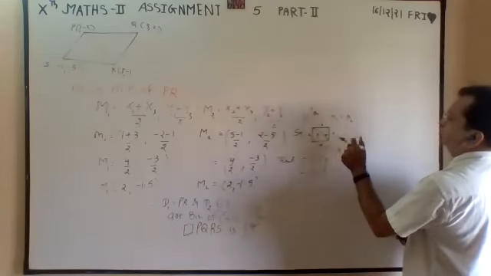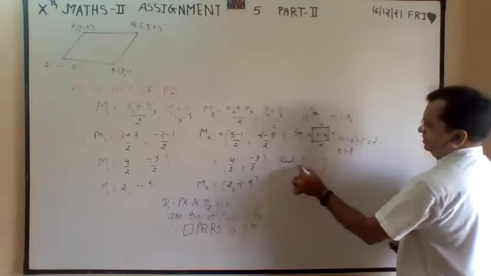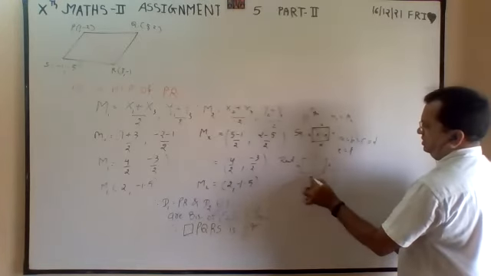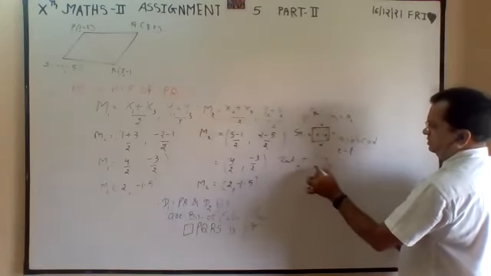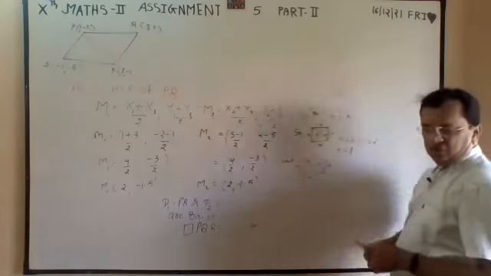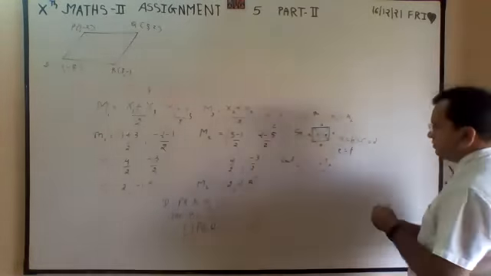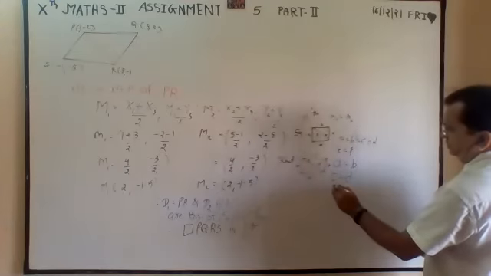Or you can write here full all. A is equal to B is equal to C is equal to D. Here that A, B, C, D, and this E, F. So A is equal to B, C is equal to D, opposite, opposite.